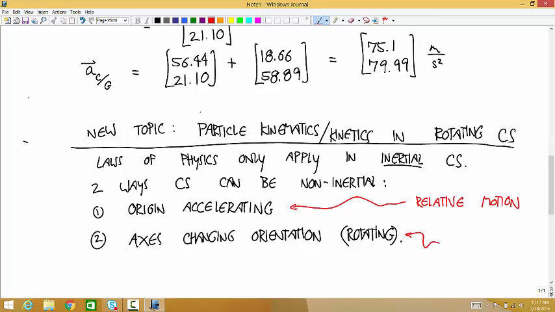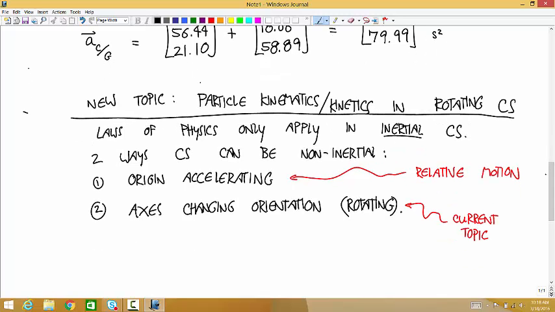This one, though, we haven't done yet. And of course, a lot of times you're taking your measurements in a coordinate system that's rotating and the origin is accelerating, and you just have to do both of these two steps.